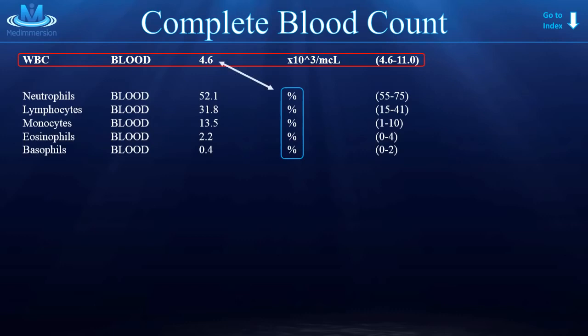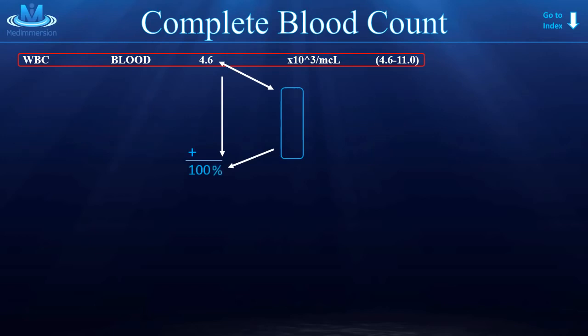So, of the 4,600 white blood cells per microliter of blood, 52.1% of those 4,600 were neutrophils, and 31.8% of those were lymphocytes, and so on and so on. And if you add all those percentages up, they should equal 100%, or the total of 4,600 white blood cells.